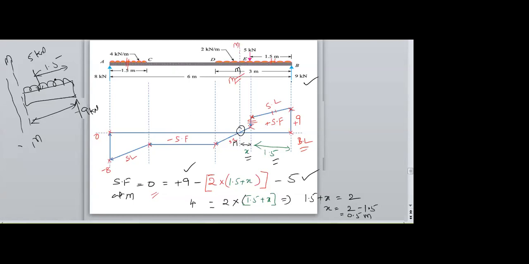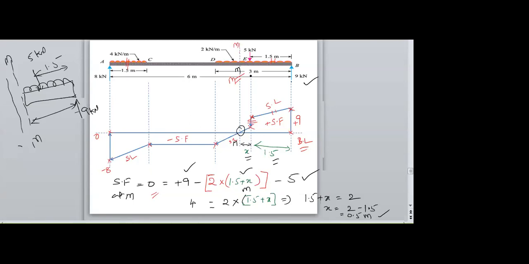Next, the UDL needs to be converted into a point load. That is 2 into the distance, which is 1.5 plus X in meters. Therefore, substituting in my equations, I got that X is equal to 0.5.